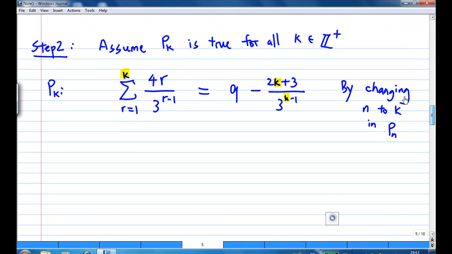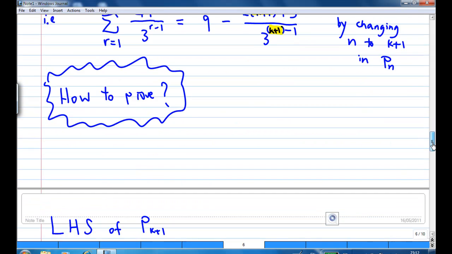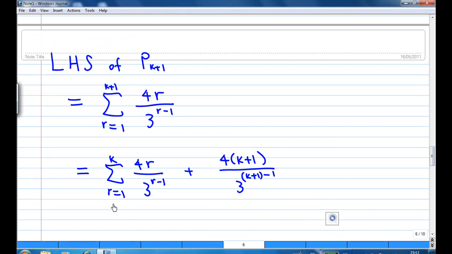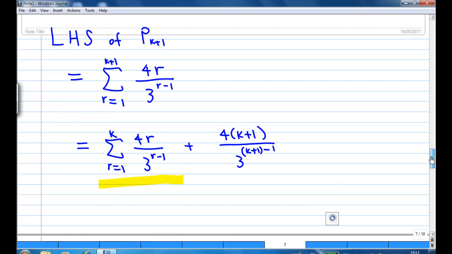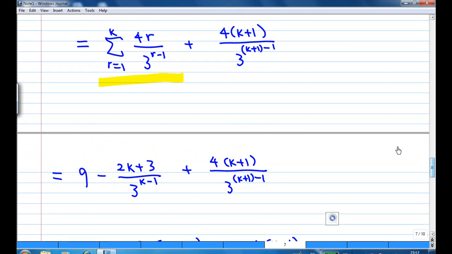So the sum of the first k terms is 9 minus 2k plus 3 over 3 power k minus 1, plus the term just carried over, 4 times k plus 1 over 3 power k plus 1 minus 1.